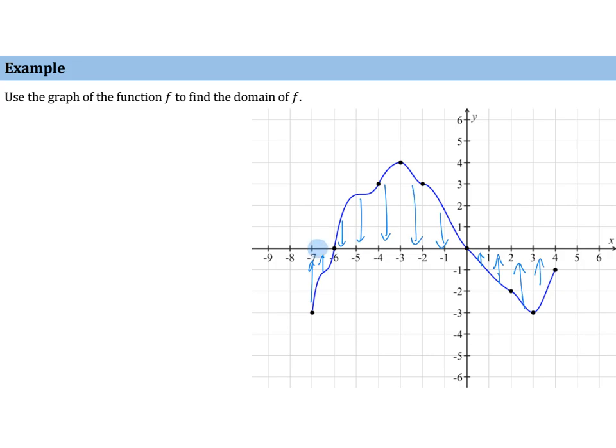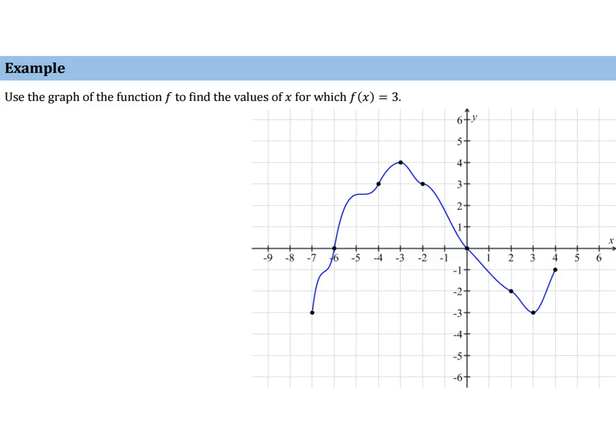We start at -7 and we go all the way to 4, and you'll notice we start at -7, we end at 4, and we include them. So we do indeed get -7 to 4, and we include both with brackets.